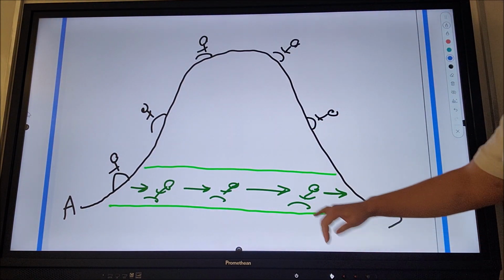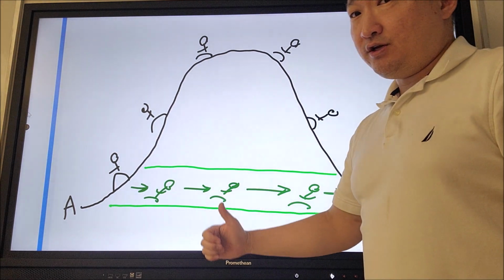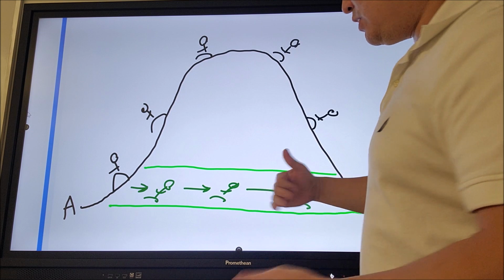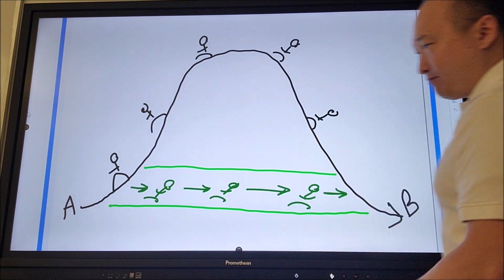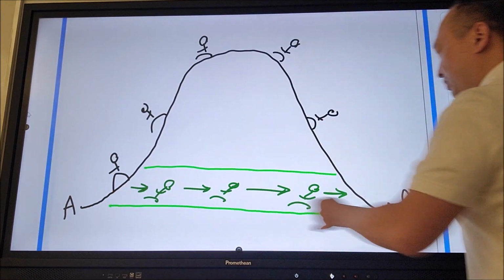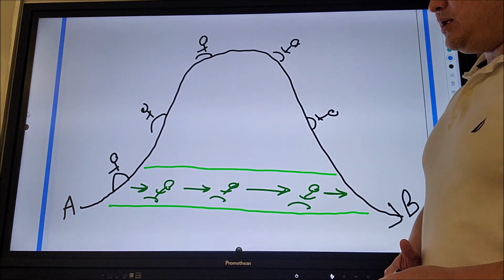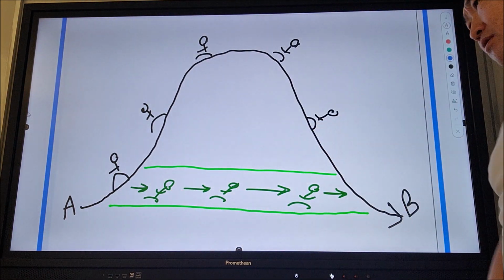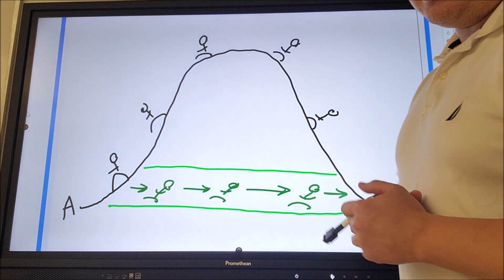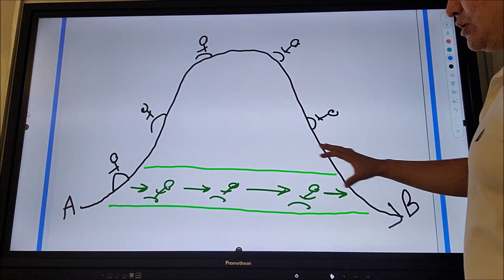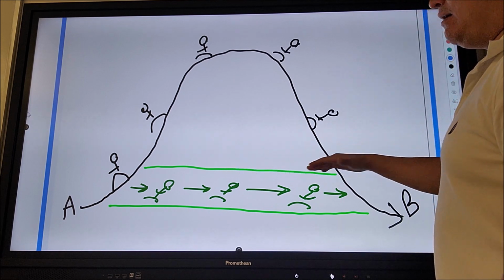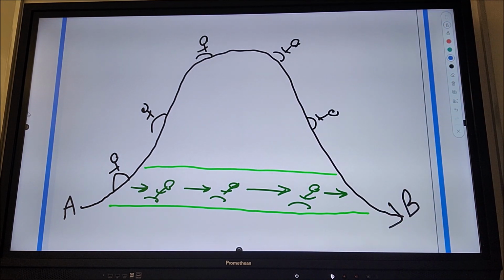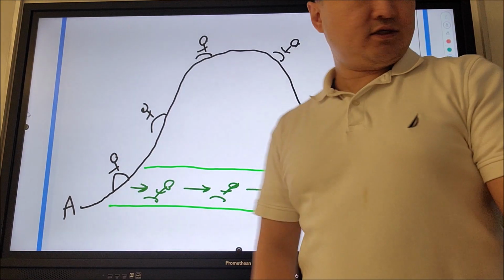So does the tunnel provide energy? No. So don't say proteins provide energy. Enzymes are proteins. Remember, those are forbidden words. But the tunnel does lower the energy required for the person to get from point A to point B. So if that helps, you can use that analogy where the enzymes are like a tunnel, just providing a faster route from point A to point B. Reactants to products.